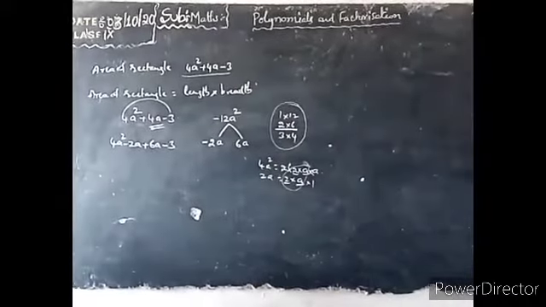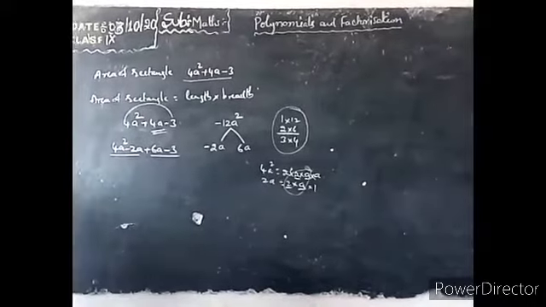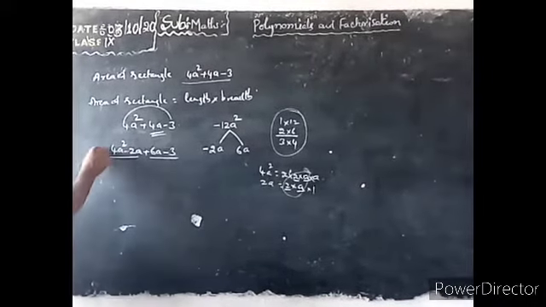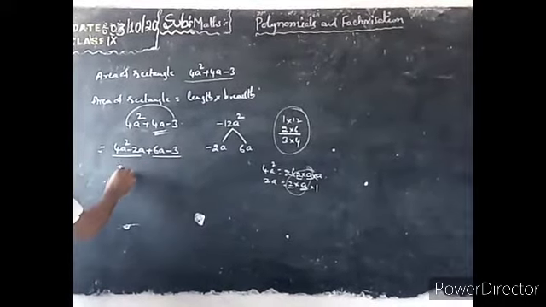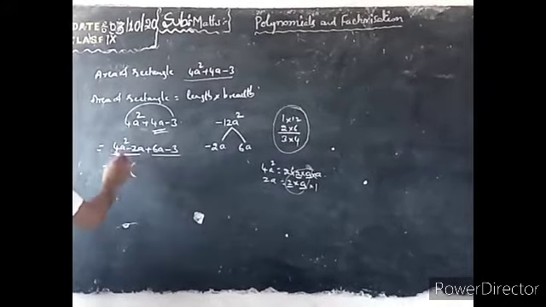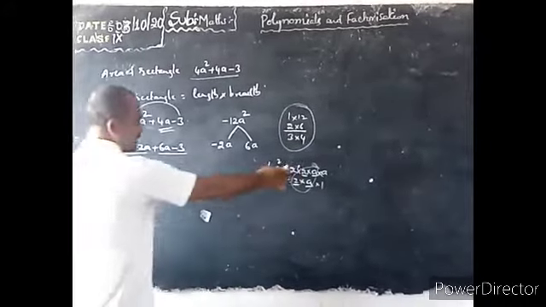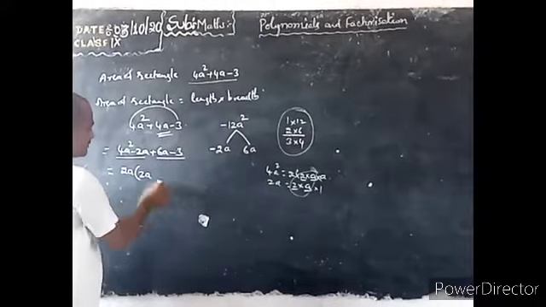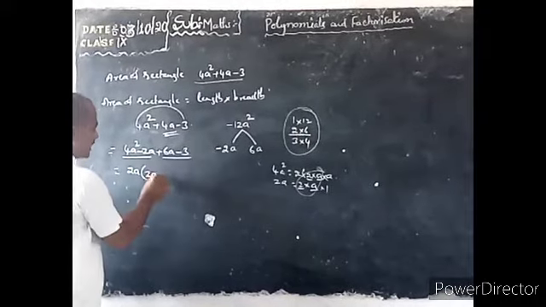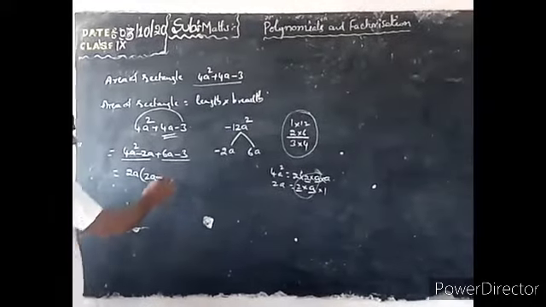So now these 4 terms are divided into 2 parts, each part containing 2 terms. In the first part, what is common? 2a is common. What remains in 4a square when 2a is taken? 2a remains. Next, a minus symbol, so minus. 2a is taken, what remains? 1 remains.